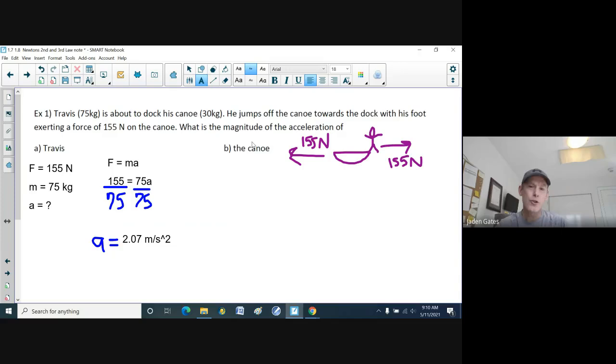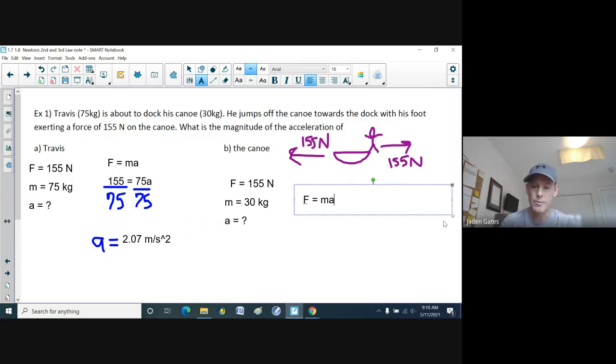Now, we can also find the acceleration of the canoe. Because of Newton's third law, Travis pushed on it with 155 newtons, but the canoe has a mass of 30 kilograms, and we're going to find the acceleration of the canoe. Using the formula for Newton's second law, because we do have a net force here, and we're assuming there's no water resistance, I plug in 155 newtons for my force.